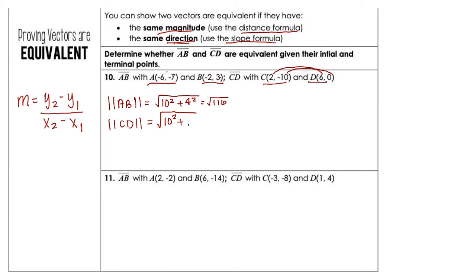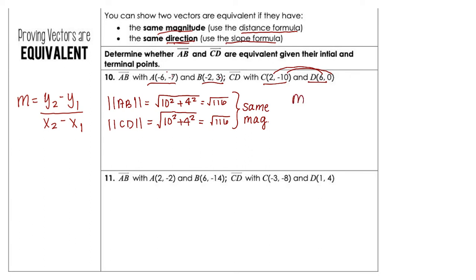Well, that's 4 squared. So that's the square root of 116 again. So we have the same magnitude. Is that okay?